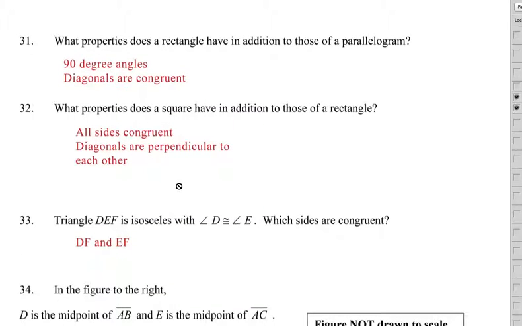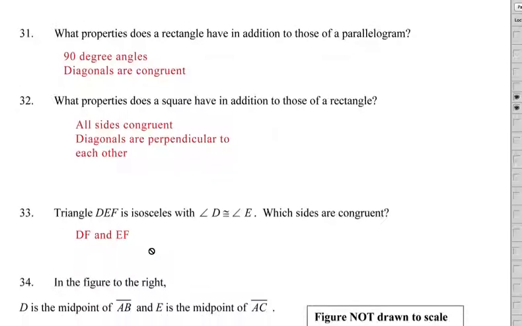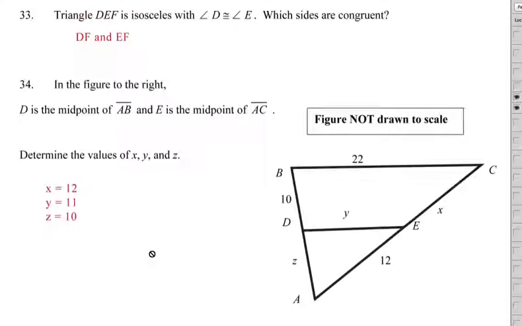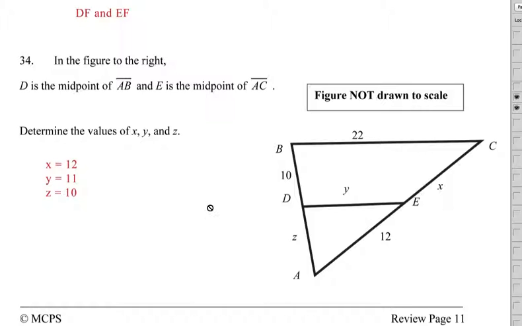Okay. Then we got triangle DEF is isosceles with angle D and E congruent. That means DF and EF sides are congruent. Okay. Then for the figure on the right, okay, it says these are midpoints.